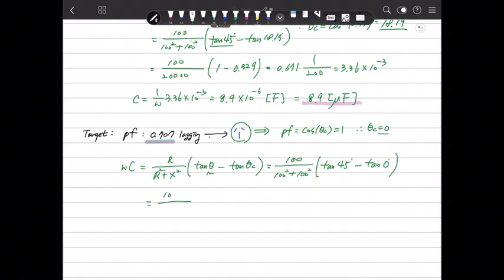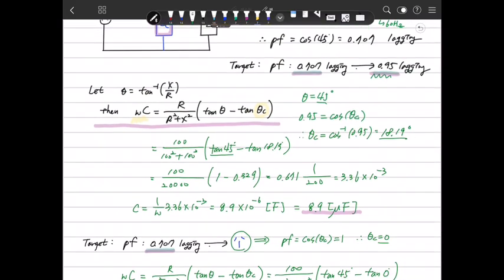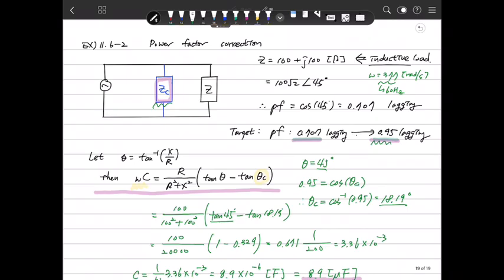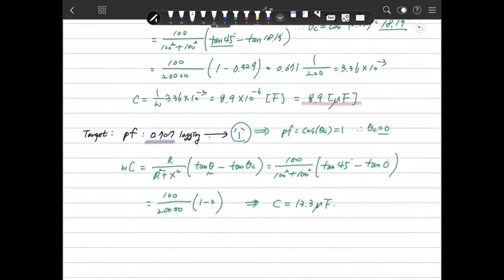So that is 1 minus 0. From here, the capacitor can be calculated as 13.3 microfarad. If you add 13.3 microfarad here, then the power factor is perfectly 1. So this is the reason we use a compensating impedance, and how to design the compensating impedance to correct the power factor as you want.